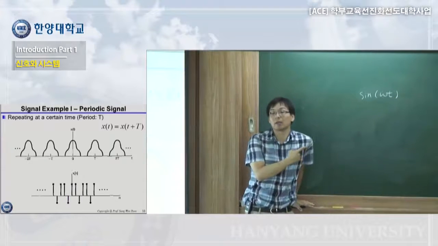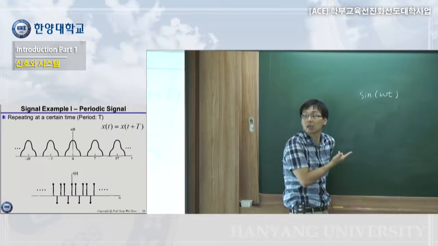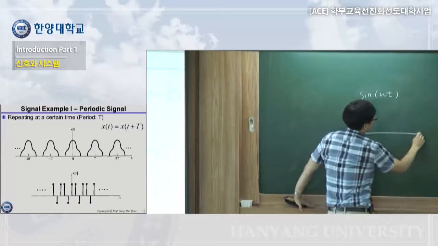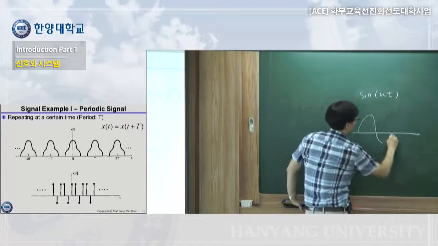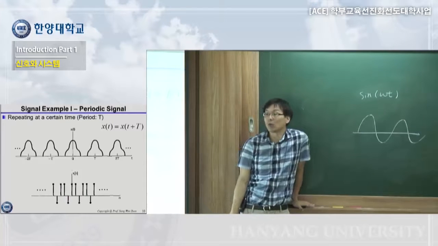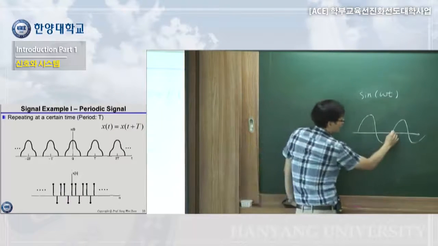This is a periodic signal, right? Sine is periodic. Why is this periodic? We can think that they are repeating after a certain time. What is that certain time?